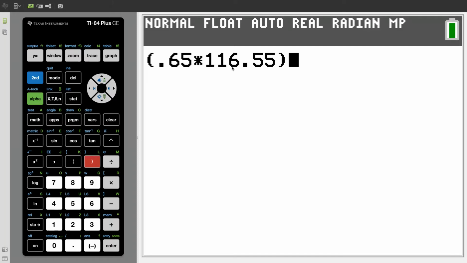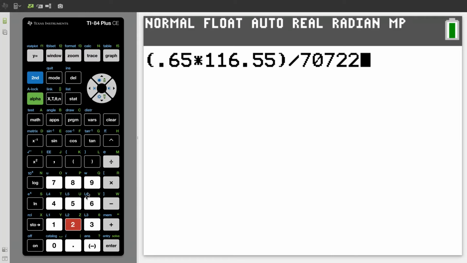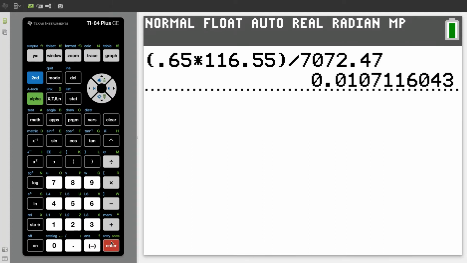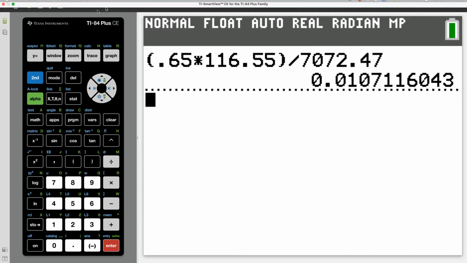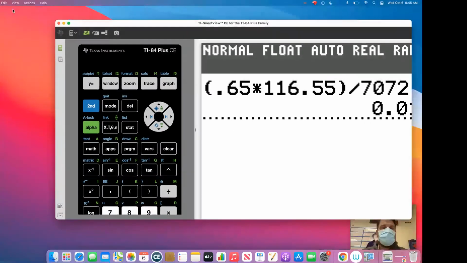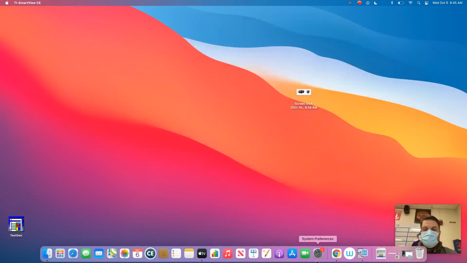All that stuff needs to be done first, and then we divide that by what's on the bottom. I only have one term on the bottom, which is 7,072.47. Then I get this number. So let's put that away and plug this back in here.